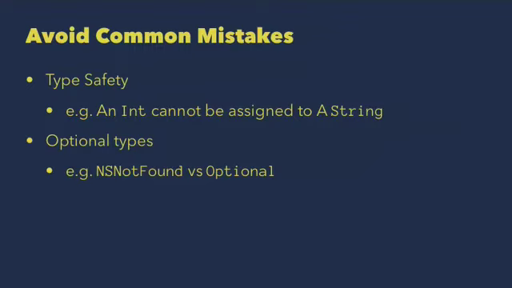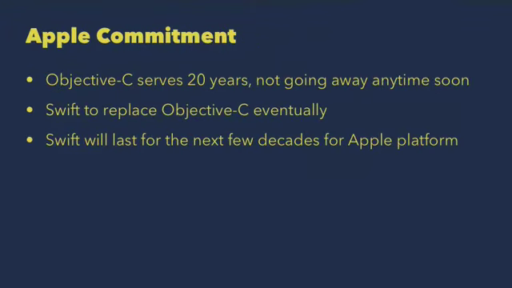But in Swift, you will get an optional, and you cannot pass an optional as an index to an array, and you are forced to check whether there's a value or not. So this is how optionals can help developers avoid some common mistakes.